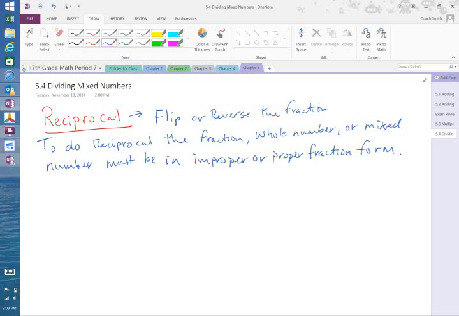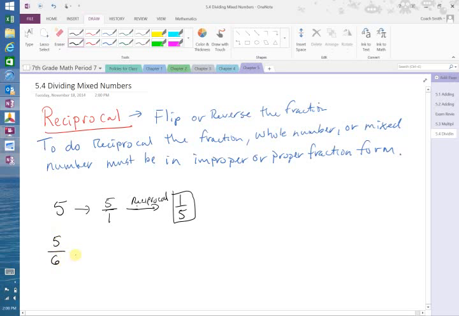So, for example, if I have the number 5, before I can do the reciprocal of 5, I must put it as 5 over 1. Then the reciprocal of 5 over 1 would be 1 over 5. Okay, let's say I had 5 over 6. 5 over 6 is already a proper fraction, so I don't need to change it.